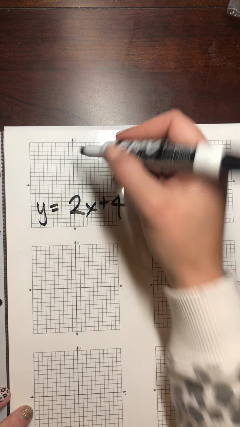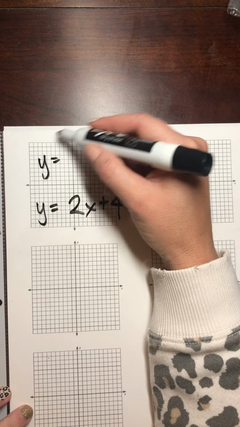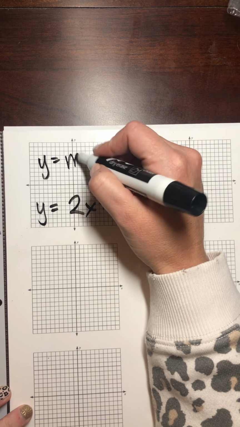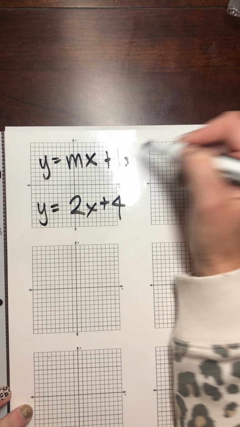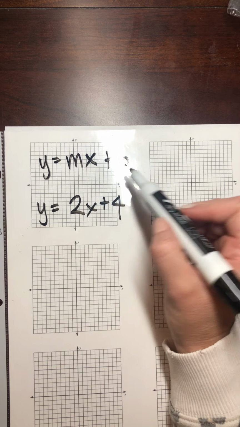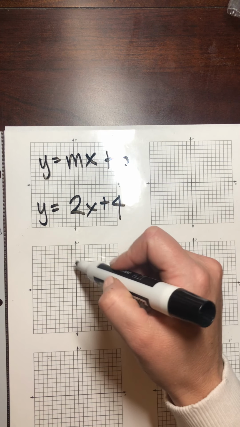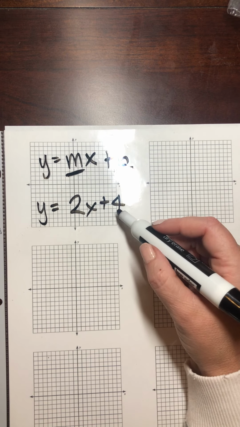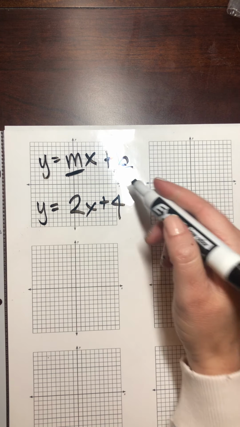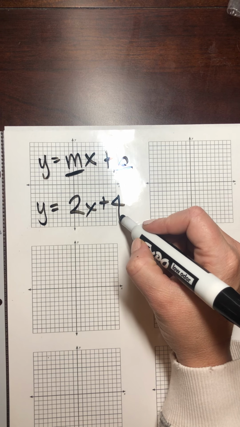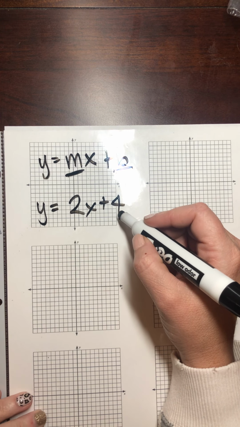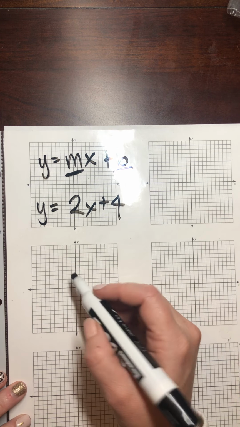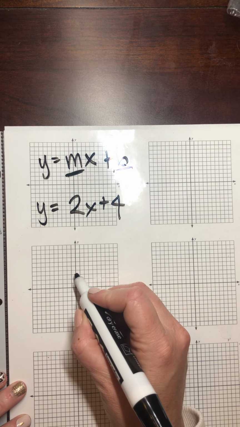So remember that y equals, this is in slope intercept, so mx plus b, where m is slope and b is the point on y. So I'm going to start, if I use my notes, at b. So I'm going to start at 4. And I'm going to plot that, step 2, plot it on the y-axis. So up 4, 1, 2, 3, 4.